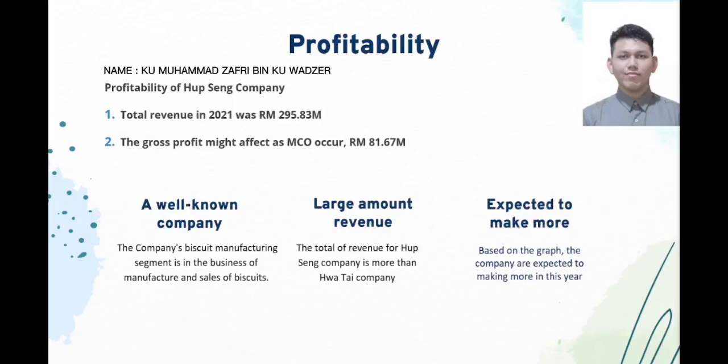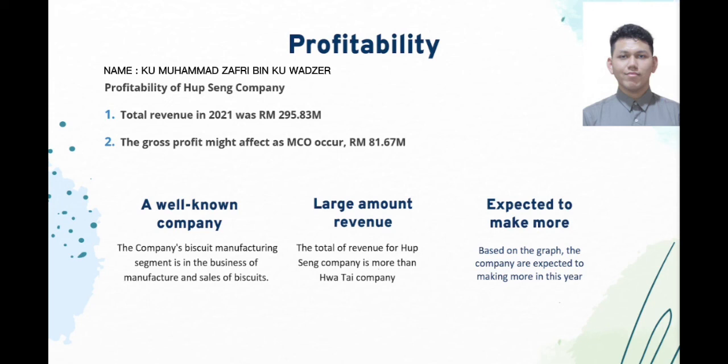Profitability is a simple term for when a company's total income exceeds its total expenses for any given period. Net income or net profit is another name for profitability. Based on our observation, Seng company's total revenue in 2021 was 295 million. The gross profit might be affected as the MCO occurred in our country.